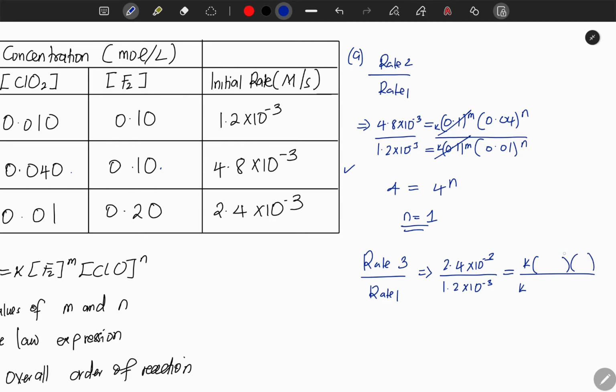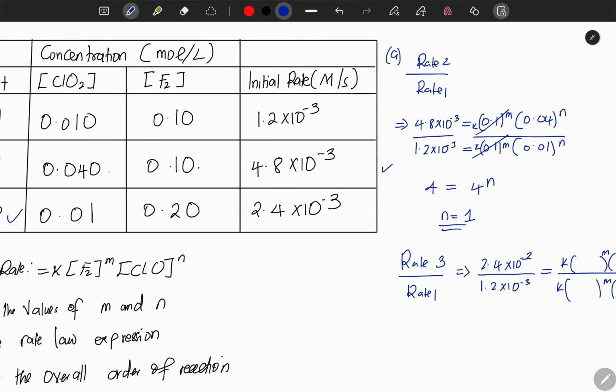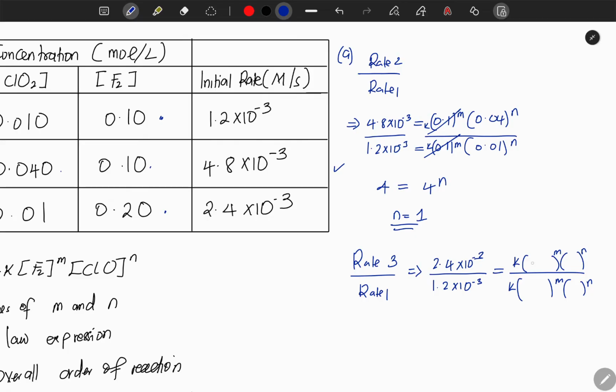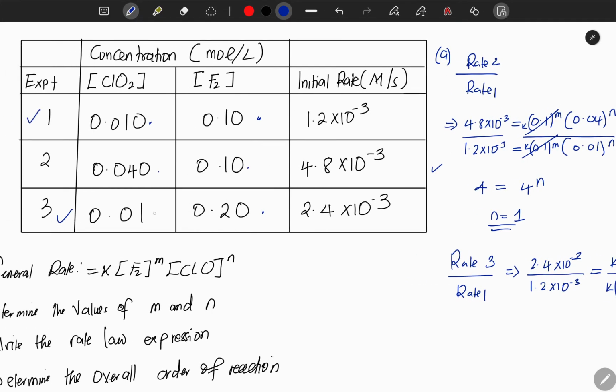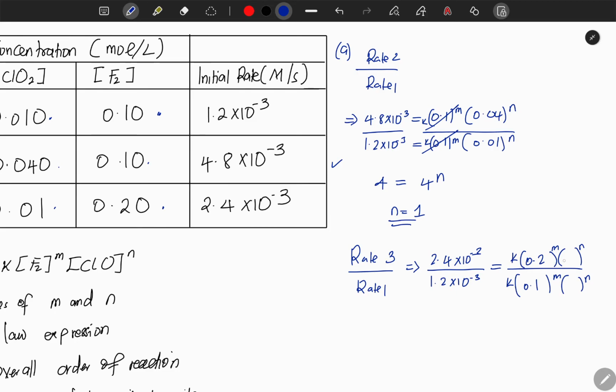So we have this type of expression with M and N. You can see that the value of M would differ because we are getting 0.2 and 0.1 there. But the value of N will remain the same because this is the same and this is the same, 0.01 and 0.01. So those are gone, including the K.